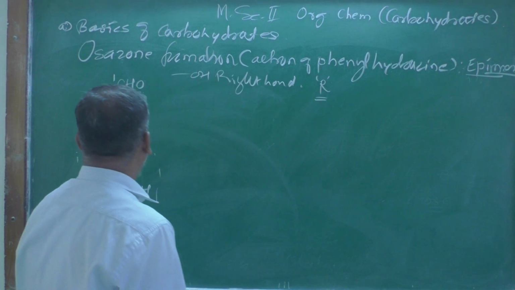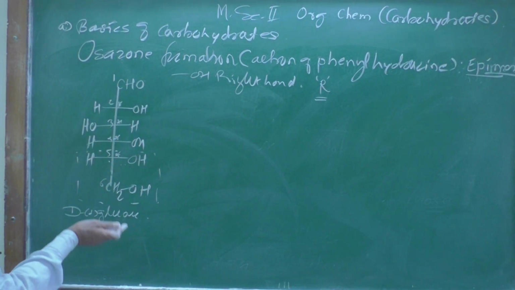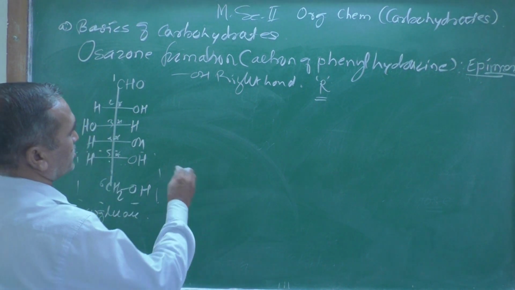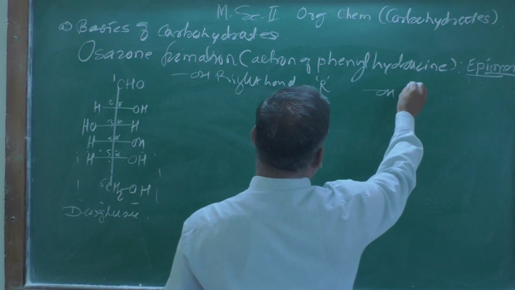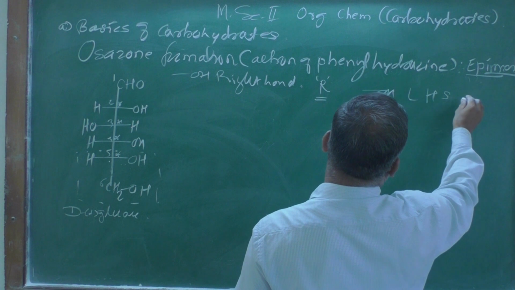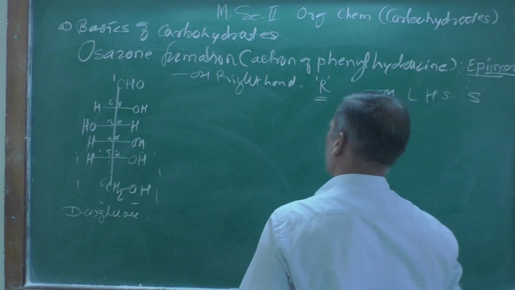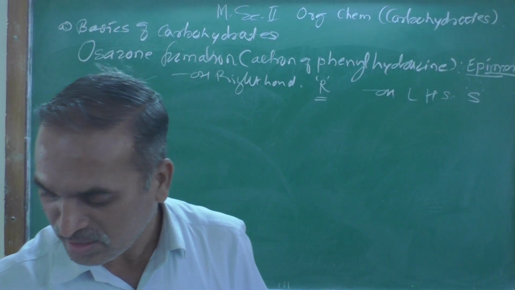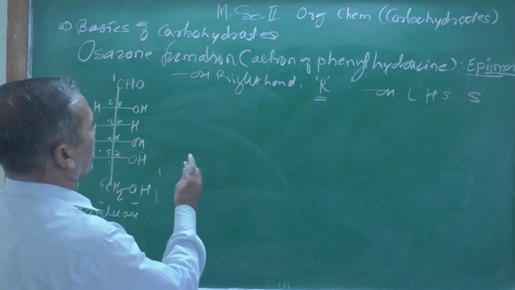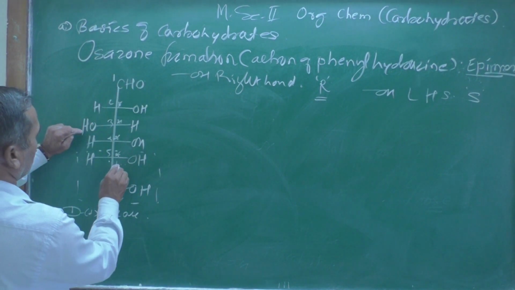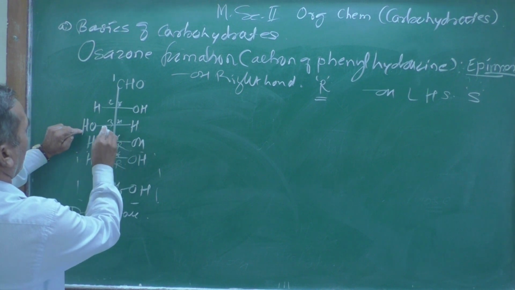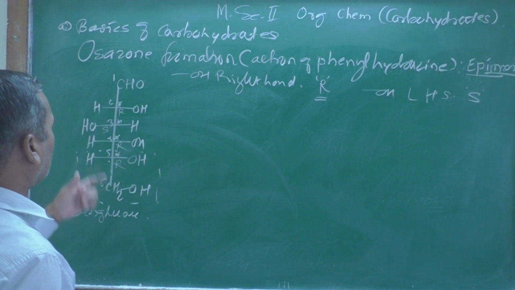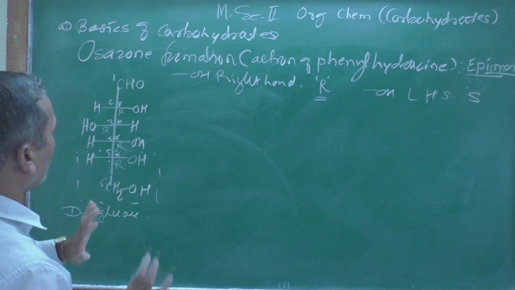And suppose the hydroxy group is present on the left hand side, then that configuration must be S configuration. If OH is on the left hand side, then you can call it S configuration. That is a general rule you should remember while assigning. Now let us see over here. Look, this one is R configuration, this one also R, this one is S, and this one is again R configuration. R, S, R and S configuration. So that's the general rule.